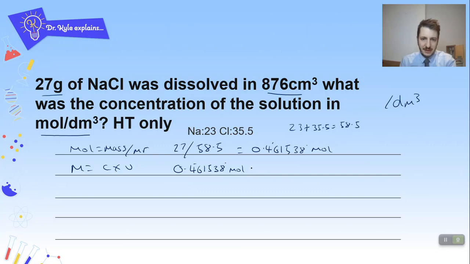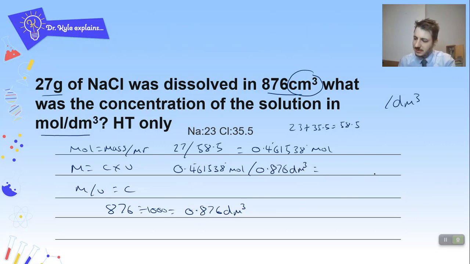I'm going to divide that by the volume, because M over V equals C. Then I need to remember that's in centimeters cubed, so 876 divided by 1000 equals 0.876 decimeters cubed. And when I do all of that, it comes out as 0.53. And then what are my units? Moles per decimeter cubed. Really well done if you got that right.